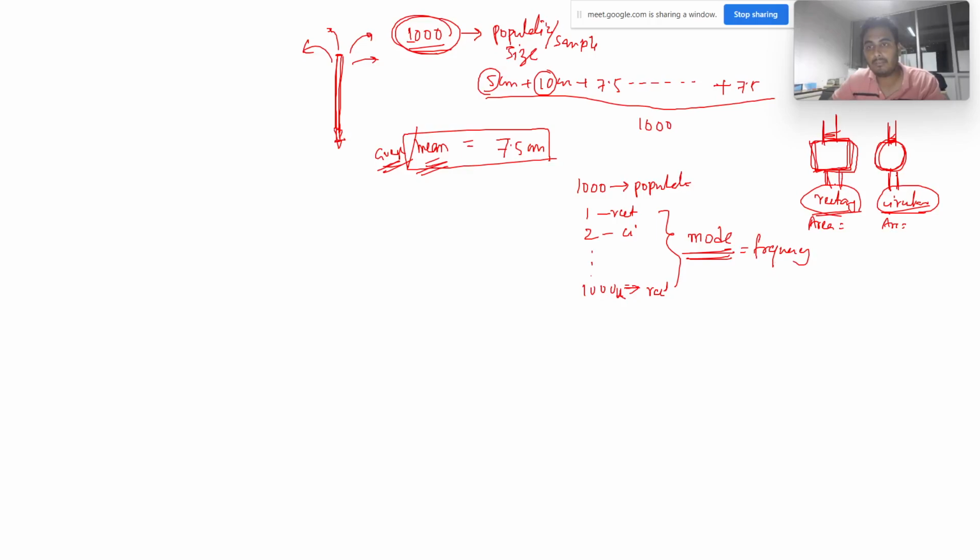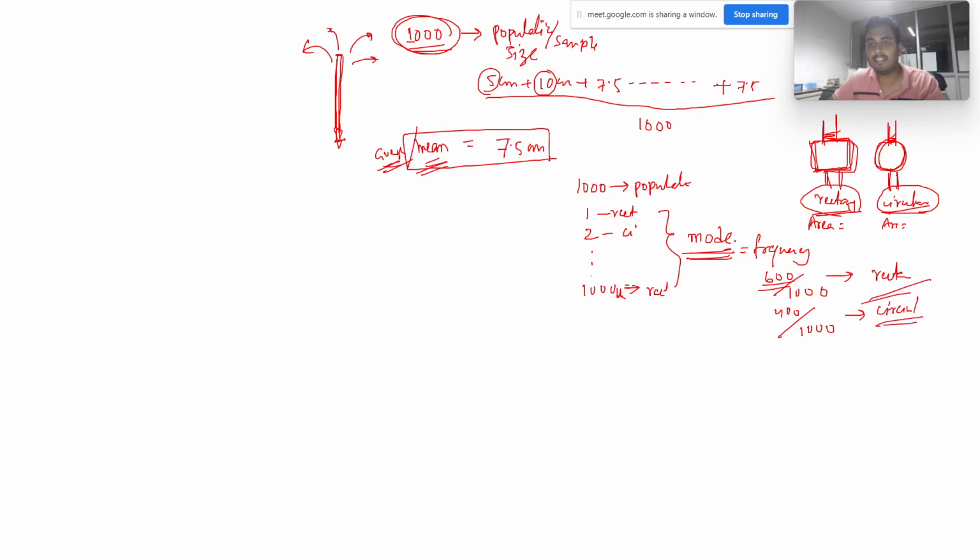For example, if 600 out of 1,000 people say they like the rectangular watch, that means the mode is 600, because the 400 is less, which is circular.